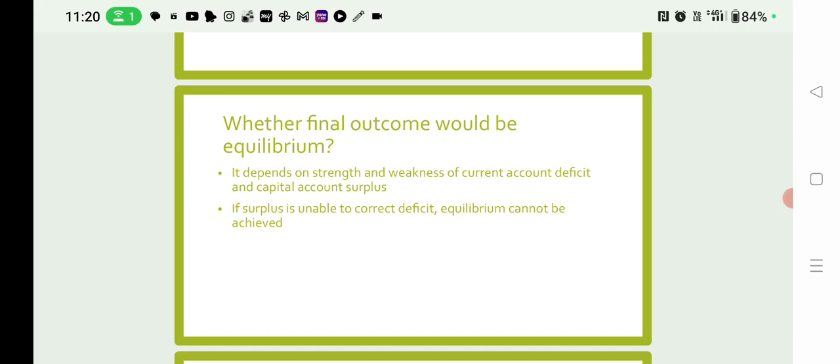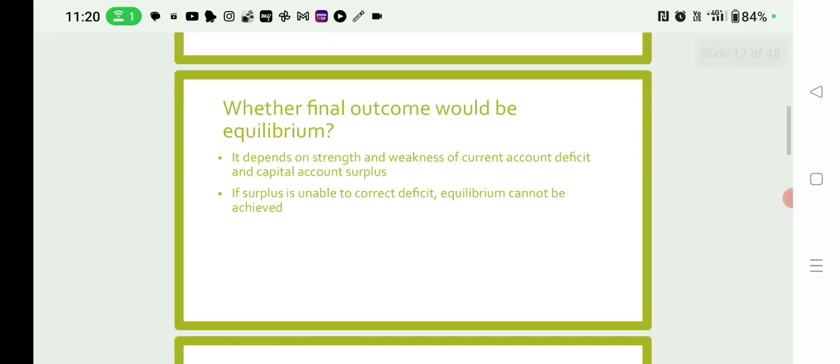If the current account deficit is stronger than the capital account surplus, the overall balance of payment will be in disequilibrium, with a deficit. At the same time, when the capital account surplus is stronger, then the economy will have a balance of payment surplus. When both are equally strong, then balance of payment equilibrium will be possible.